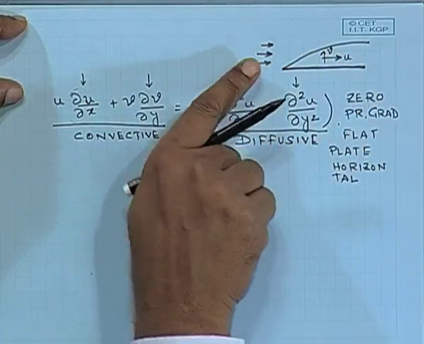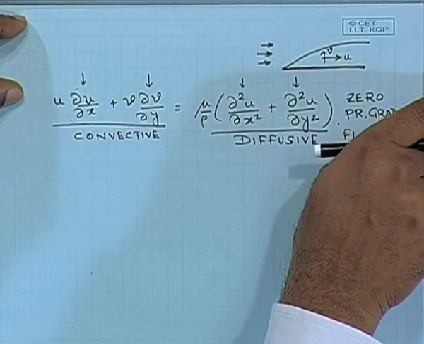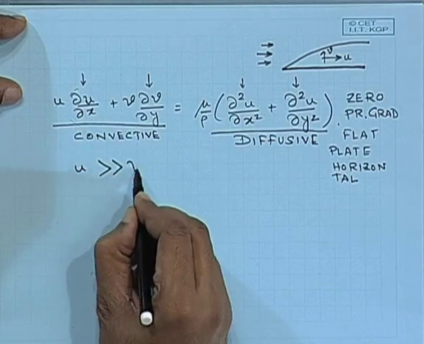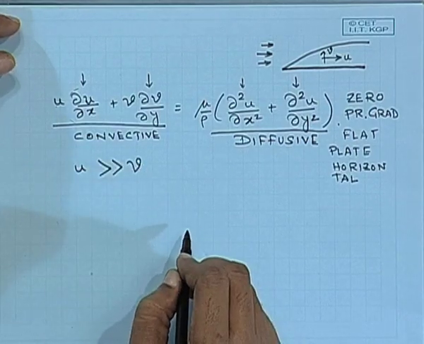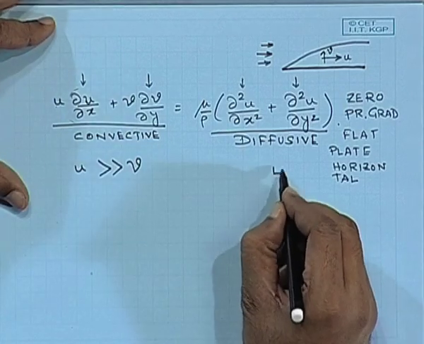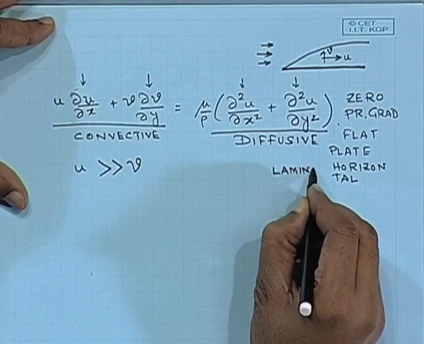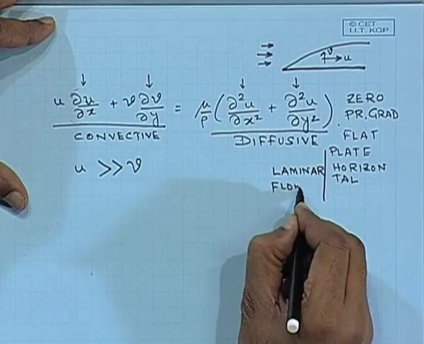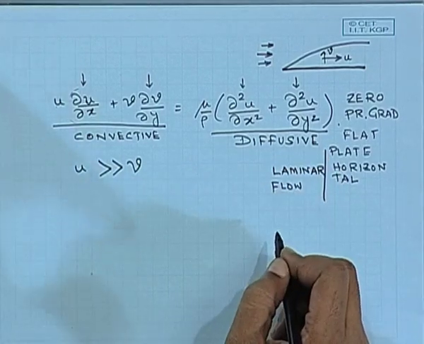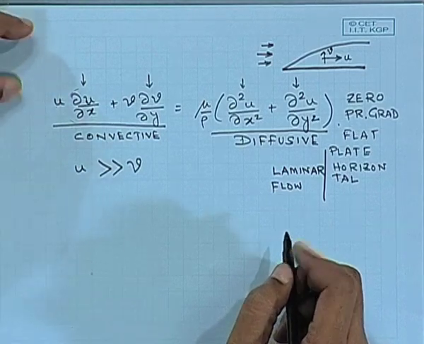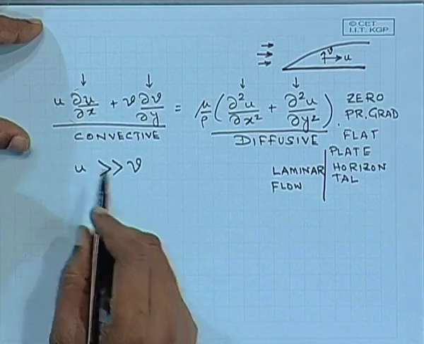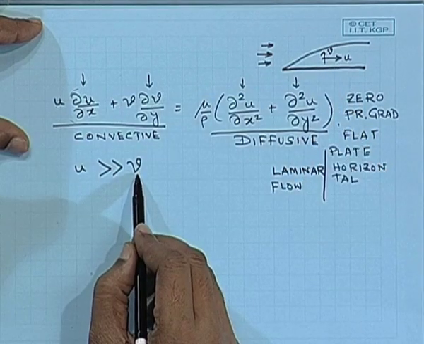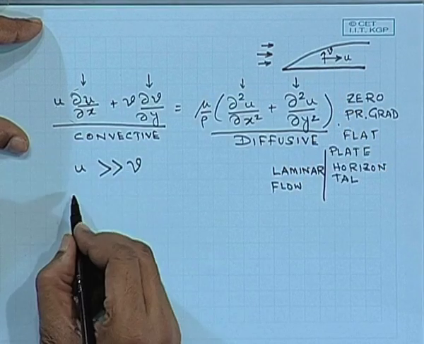Since the principal flow is in the x direction, I can obviously say that u is going to be very large compared to v. It is laminar flow. So, since it is laminar two-dimensional flow inside the boundary layer, u, the velocity in the x component, is going to be very large compared to the y component.